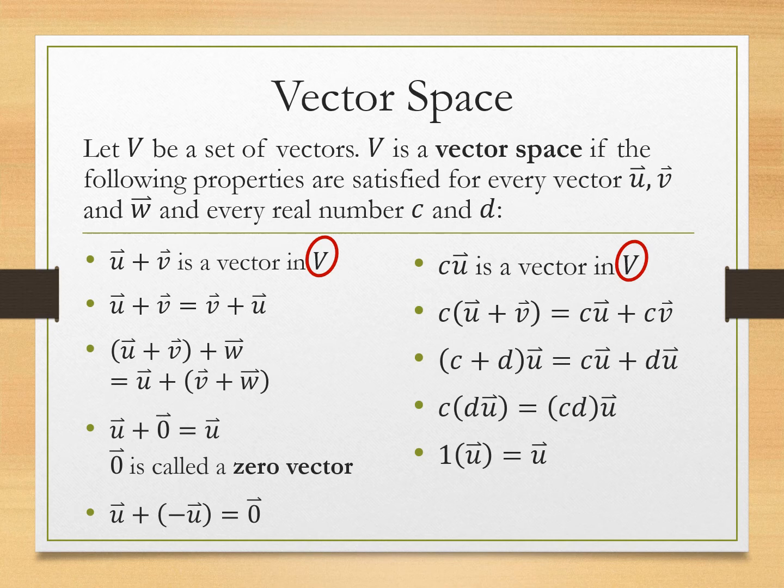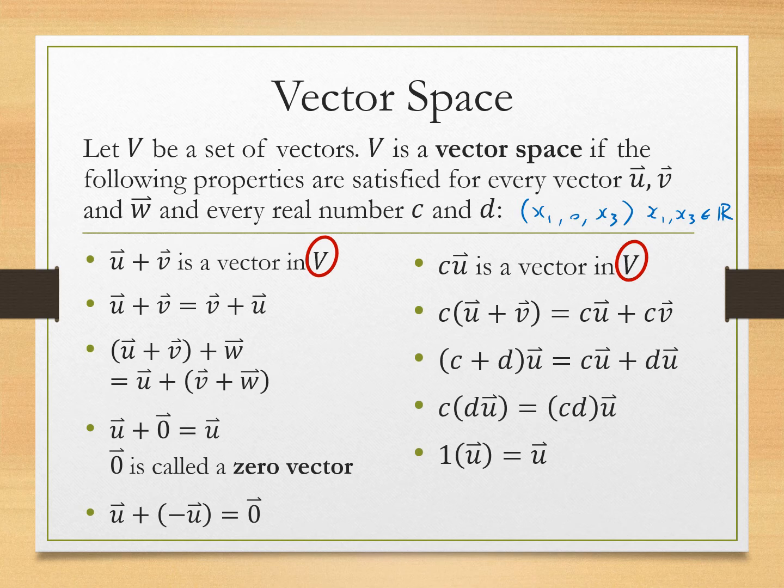What might be some relatively weird vector space? Take, for example, this one. Let's say you have a vector (x1, 0, x3), where x1 and x3 belong to real numbers.